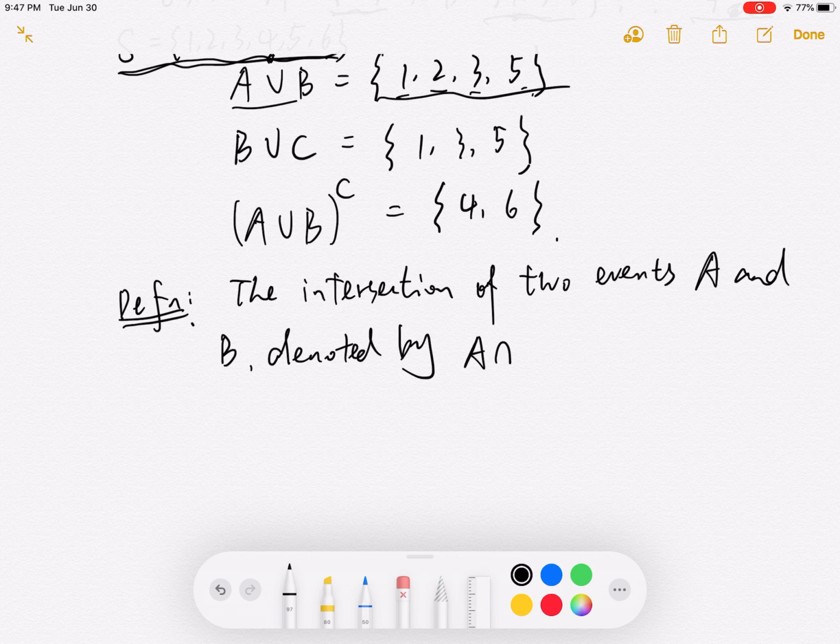That is, all outcomes in at least one of the events.